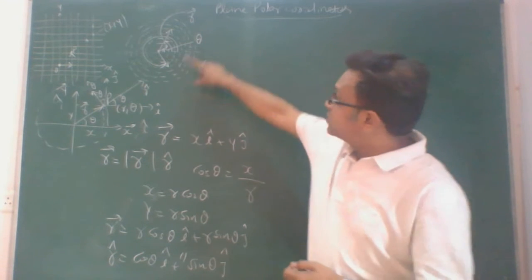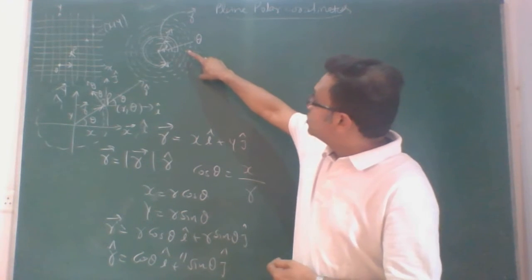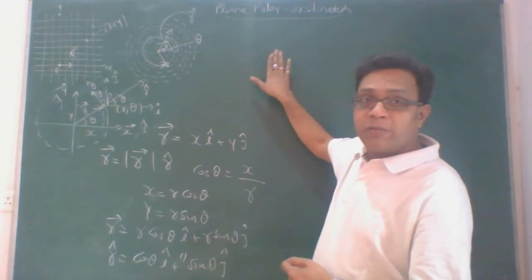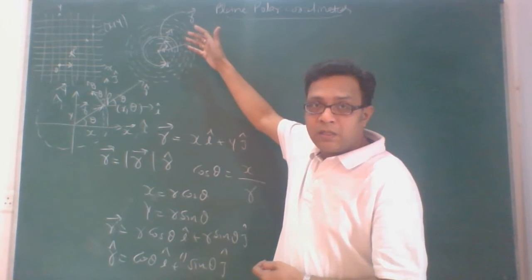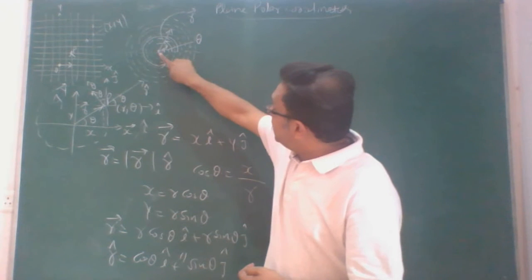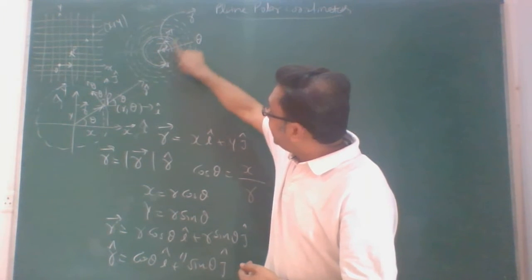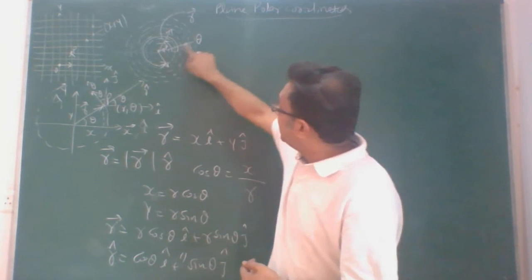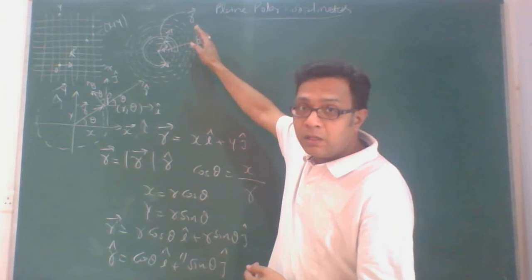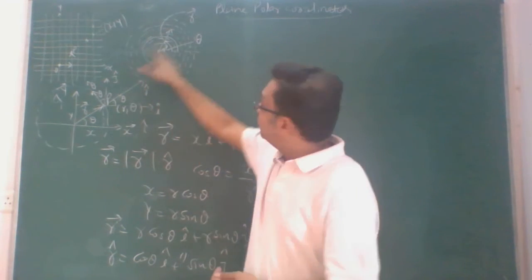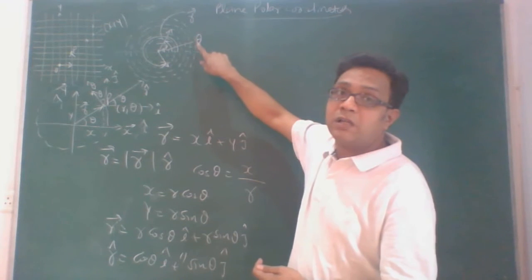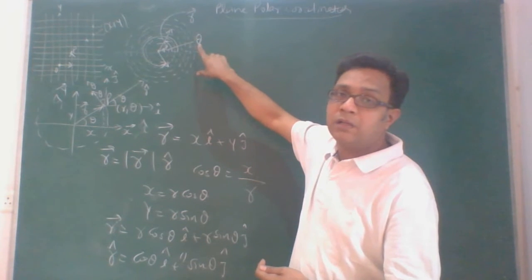So if you just look at this picture, what is happening? In a two-dimensional plane, my particle can be anywhere. If I talk about this radius part, this particular direction where r is changing, and I go in the plane, all these points give me some new value of theta.